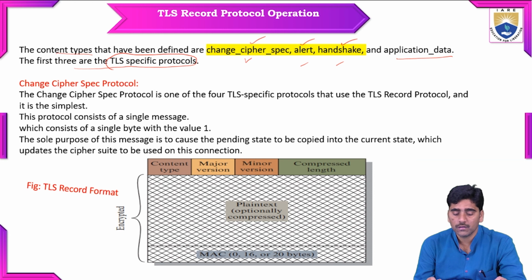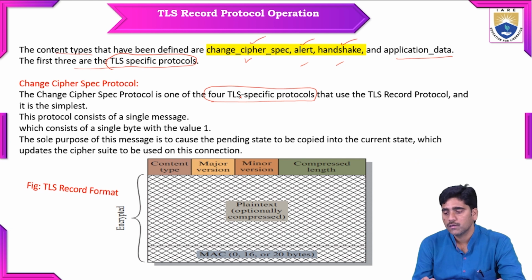The change cipher spec protocol is one of the four TLS specific protocols that use the TLS record protocol, and it is a simple protocol.